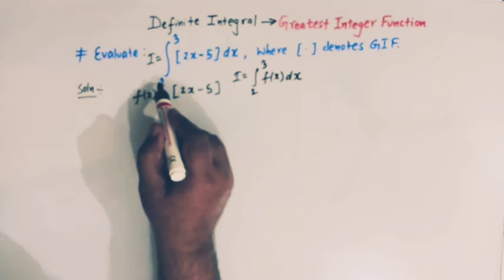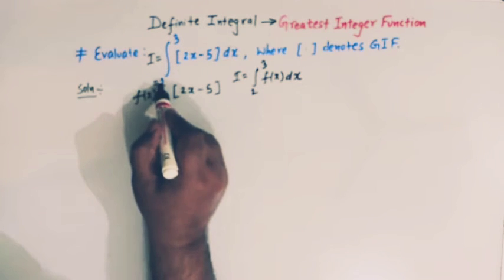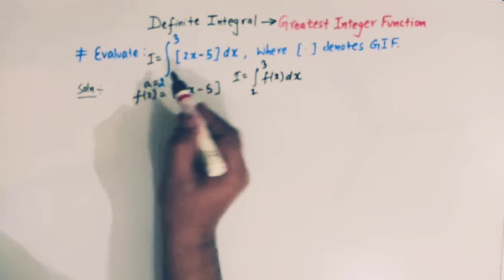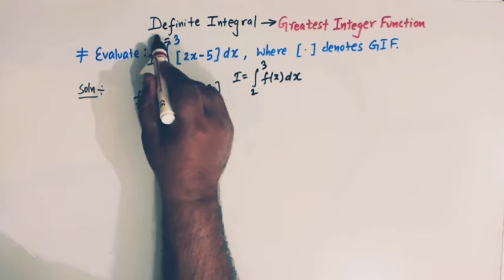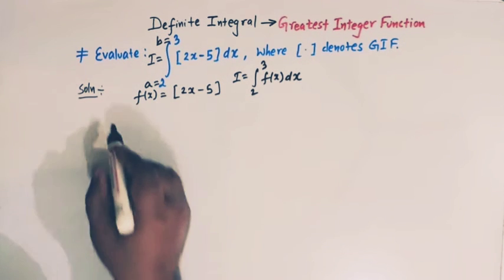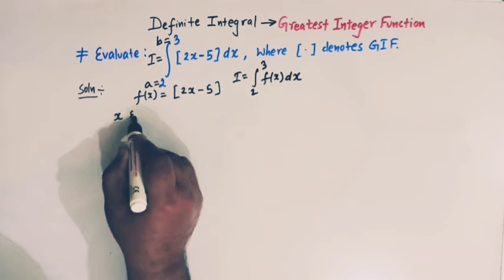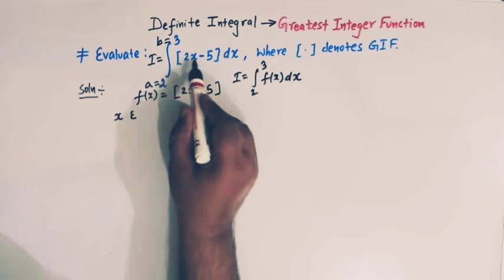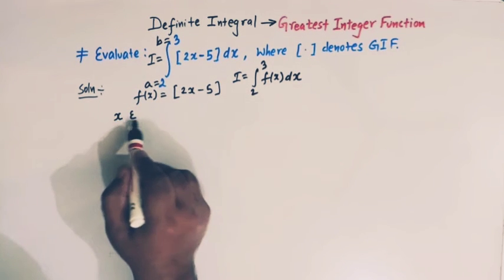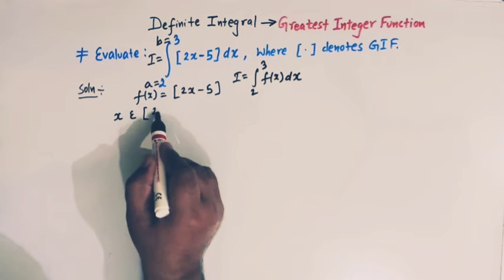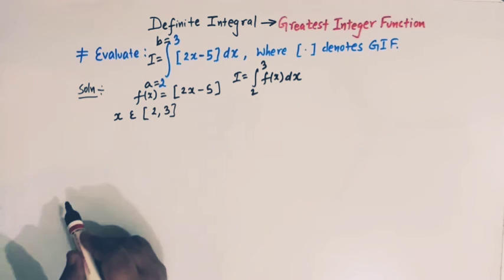Now here we see that 2 is the lower limit and 3 is the upper limit, and so we can write that x belongs to the interval 2 comma 3, right?